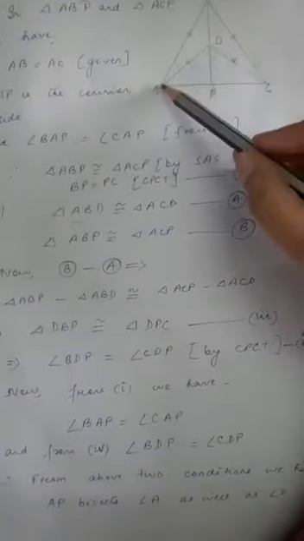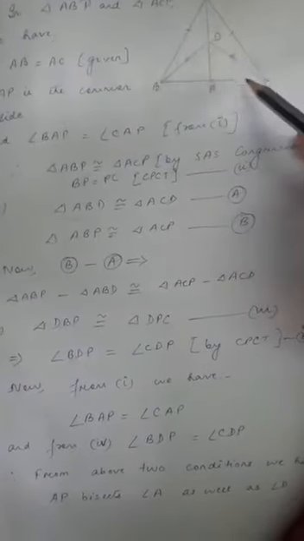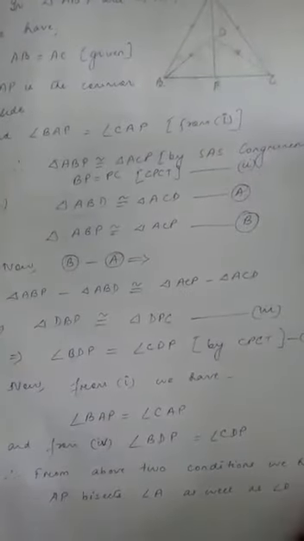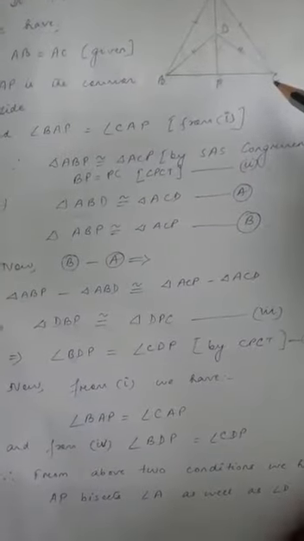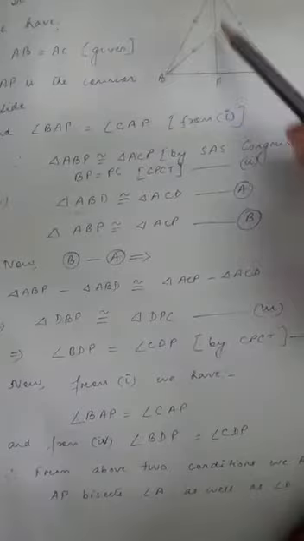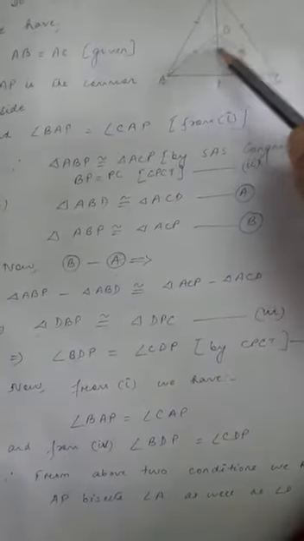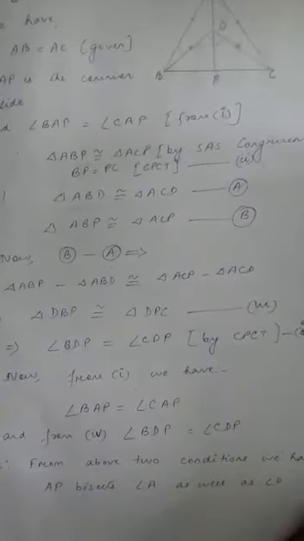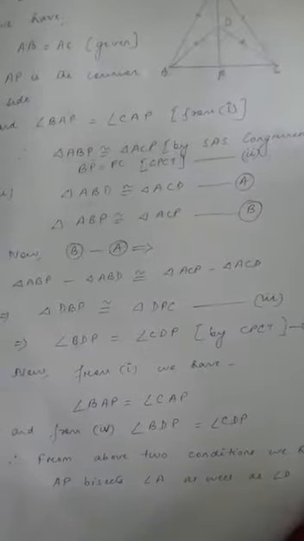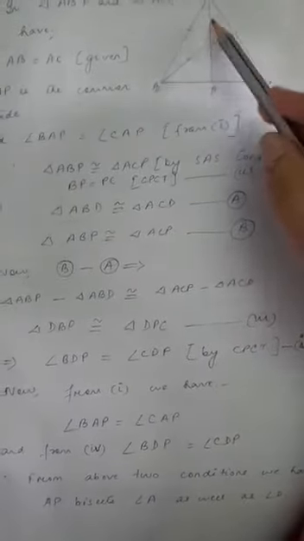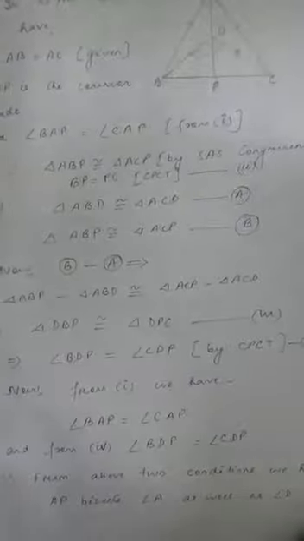And just now I got that angle BDP is equal to angle CDP. So, from these two conditions, I can say that AP bisects angle A as well as angle D. This is what we needed to prove in the third one.